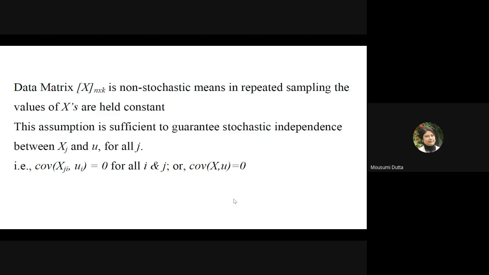X may be stochastic. In that case also, it may be independent of u. Conventionally, to address things simply, generally we consider x to be non-stochastic, so that you always have independence between x and u.